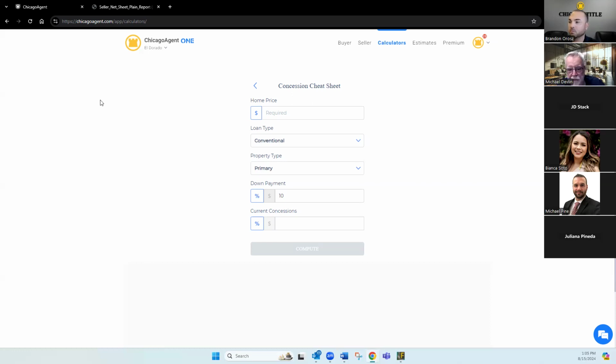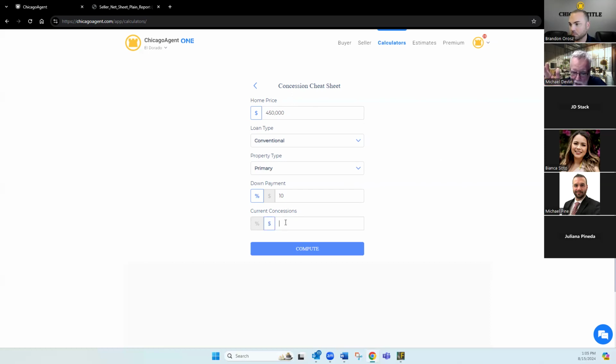So for example, if you put in 450,000 just for fun, and let's say 10% down is fine, it doesn't necessarily matter. Usually it's the people with smaller down payments.